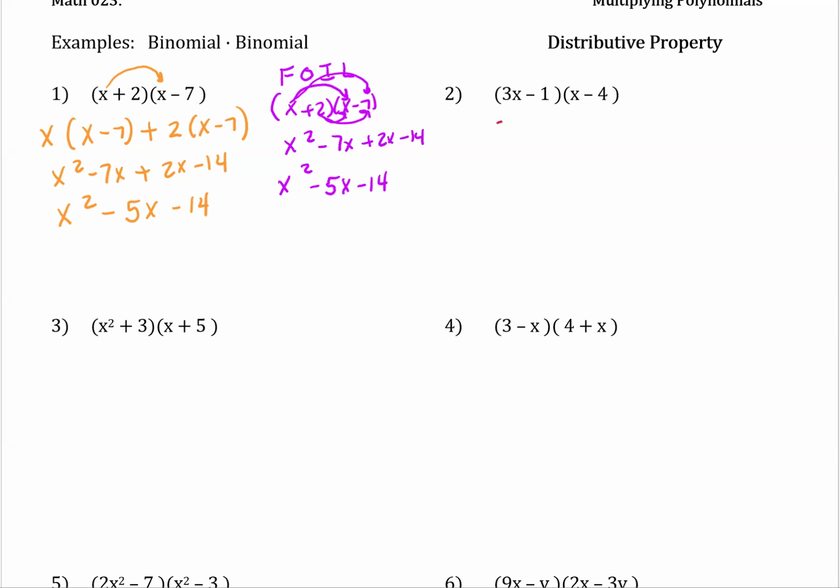Number 2, I would write this as 3x times x minus 4 minus 1 times x minus 4 and distribute. And combine like terms.